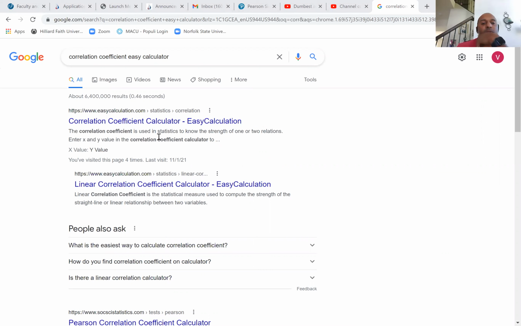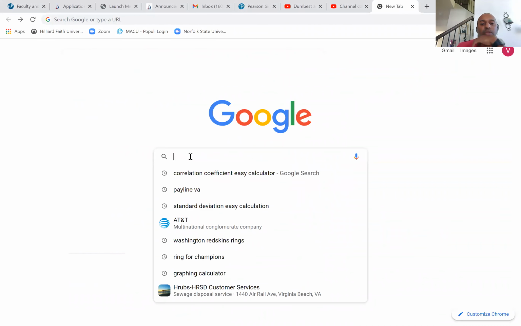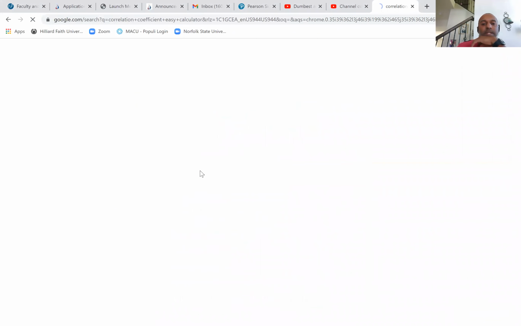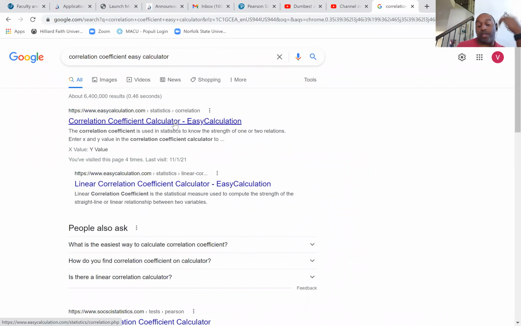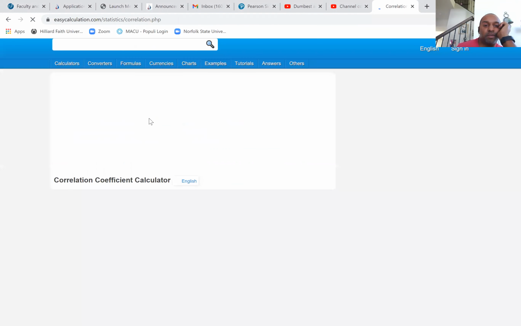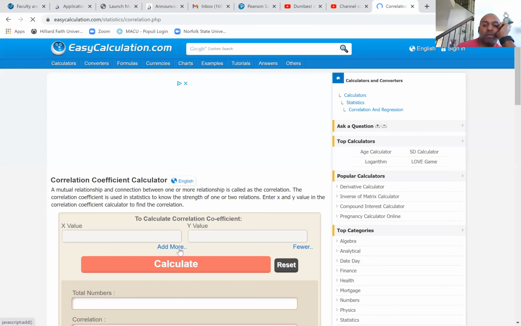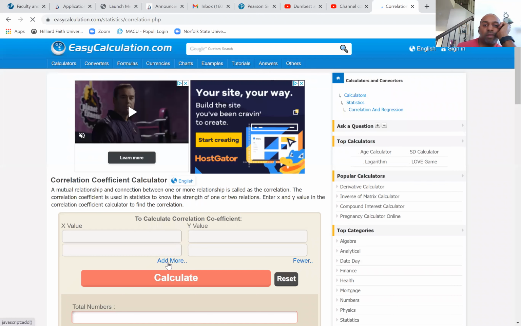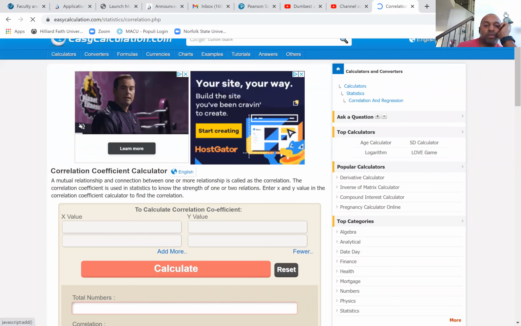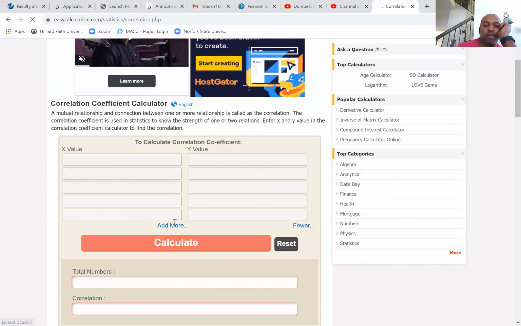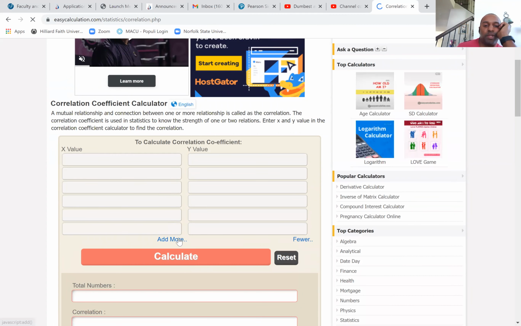All right, since I'm here, I'm going to go ahead and show you. Once again, Google correlation coefficient easy calculator or easy calculation, either one. The first result is right here, and you can just add rows as you need them.